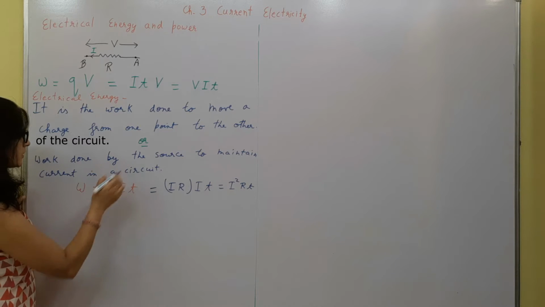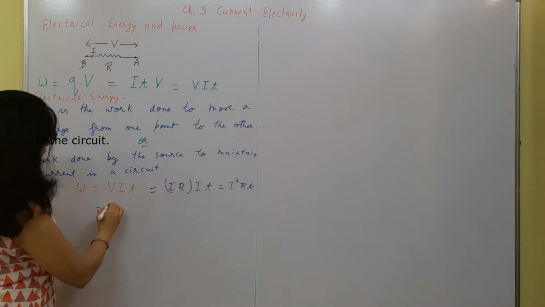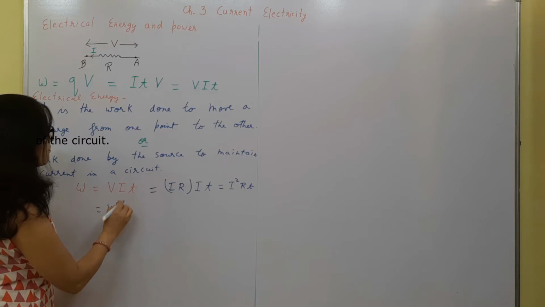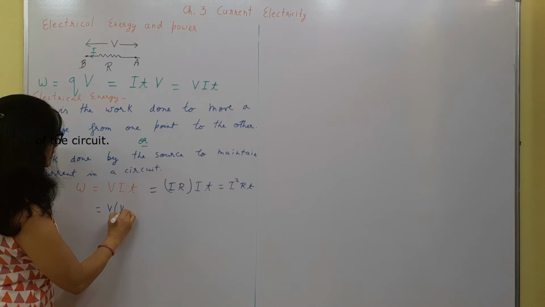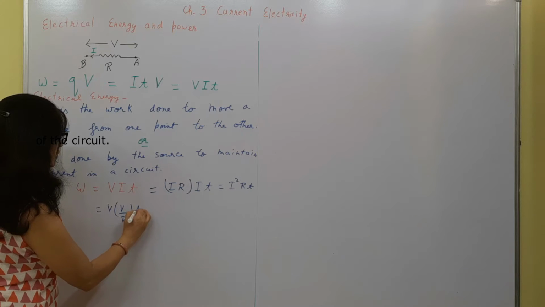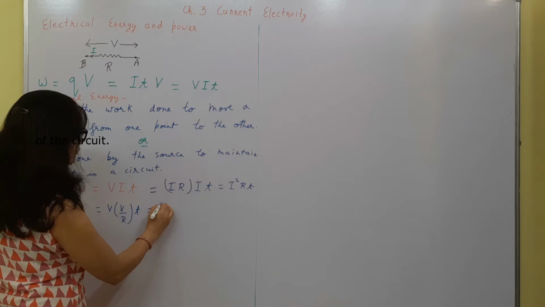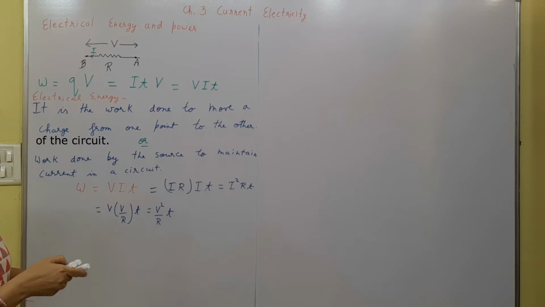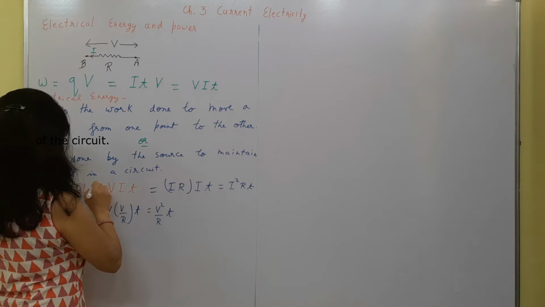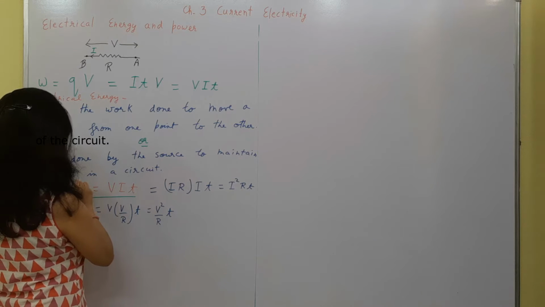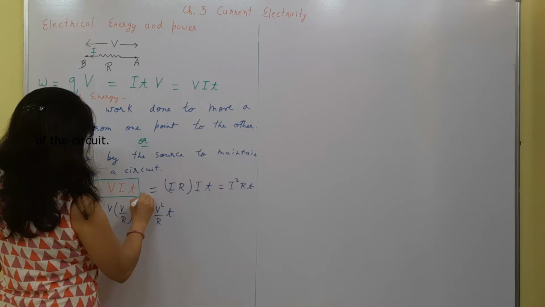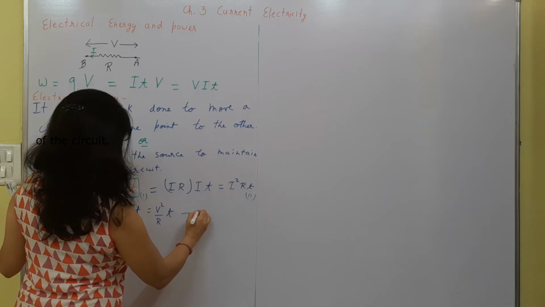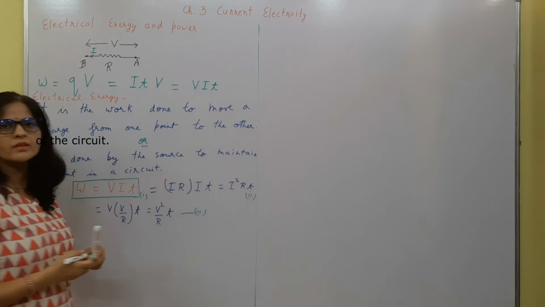Also, this can be written as V into I, where I is V upon R, into T. So this gives me V square upon R into T. So we have three forms of the formula. This is the first form, this is the second form, and this is the third form, right?